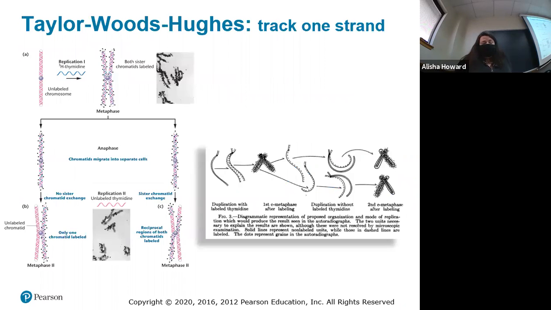Okay, so looking at the Taylor-Woods-Hughes experiment, you're starting with labeling replication with tritiated thymidine. So tritiated, H3, or the word for it is tritium.